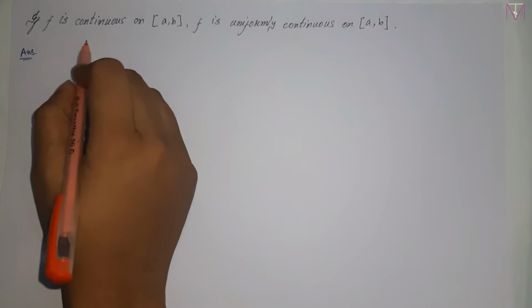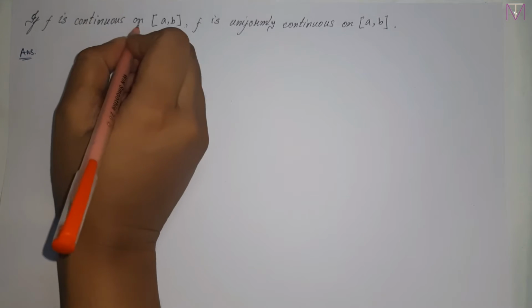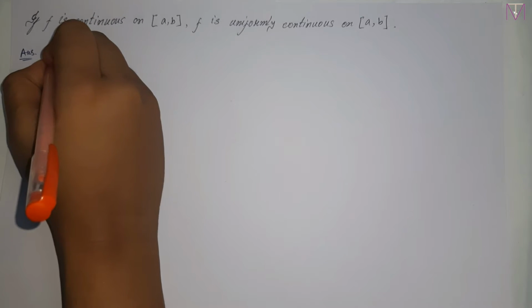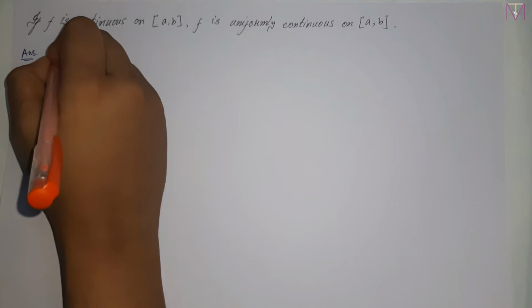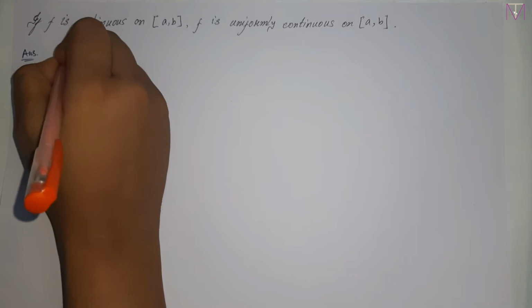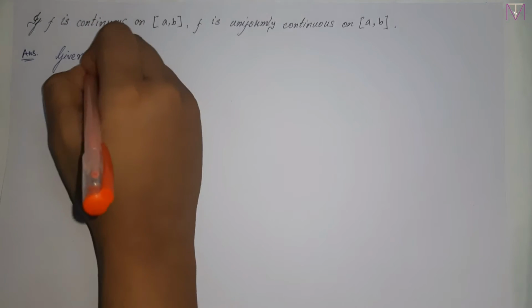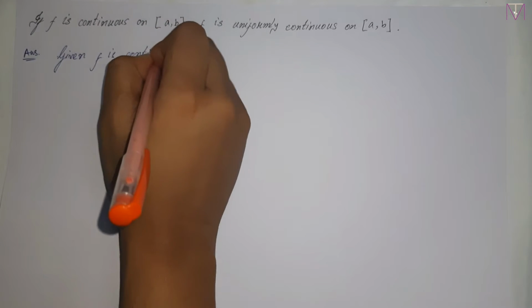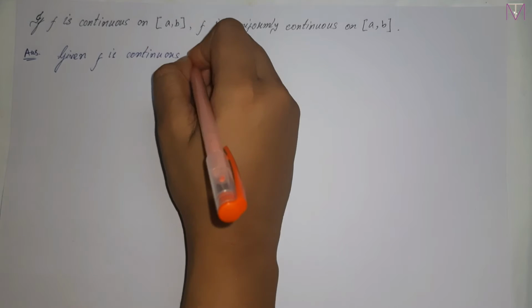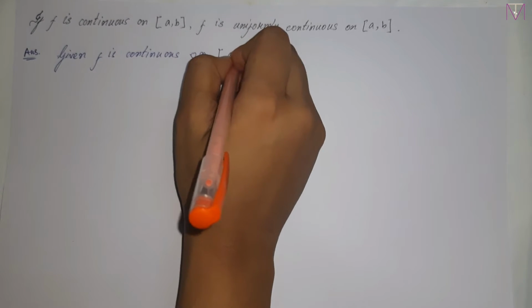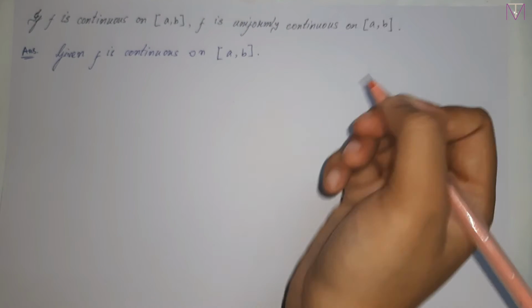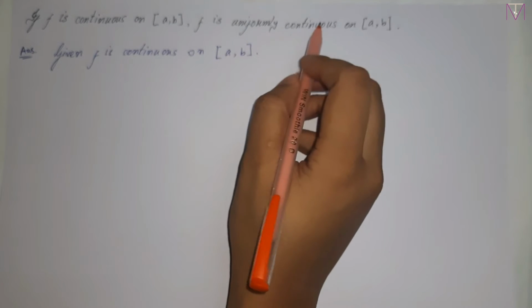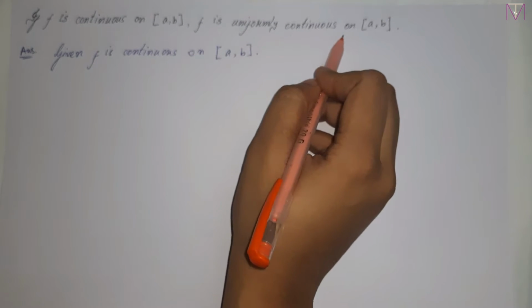Given that f is continuous on [a, b], first let's write this. Now we have to prove that f is uniformly continuous on [a, b].